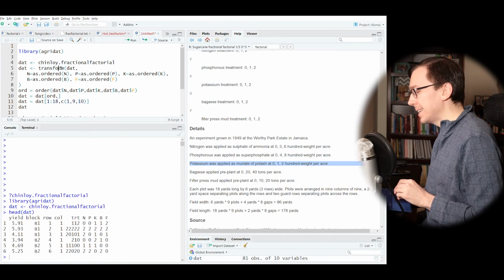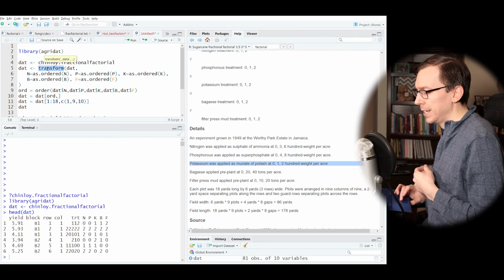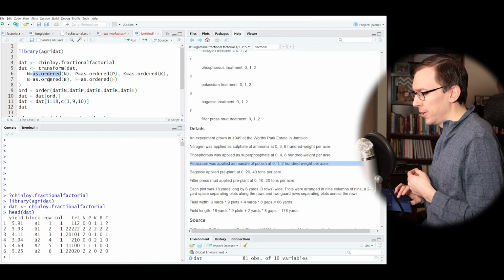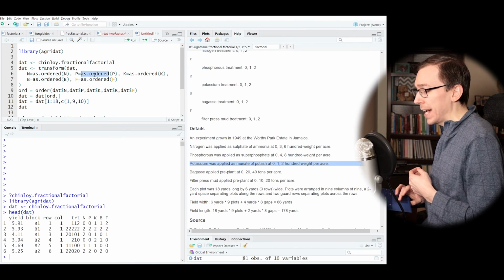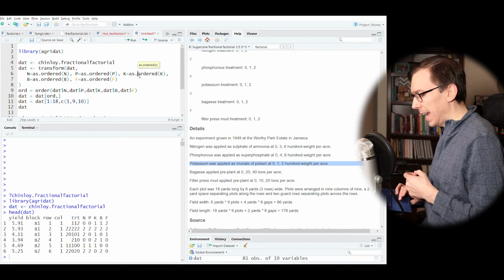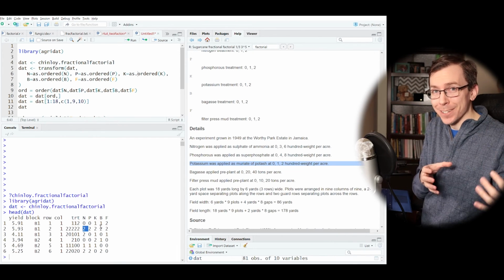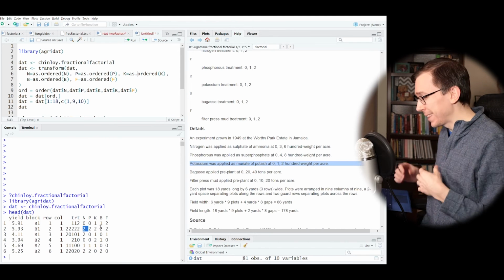But what I was trying to get to is the fact that we need to transform. We're going to use the transform function to tell R that all of these experimental factors should be treated as ordinal factors and not as numbers. Because remember, R will default to thinking that 0, 1, and 2 are actually the numbers 0, 1, 2. We don't want that.